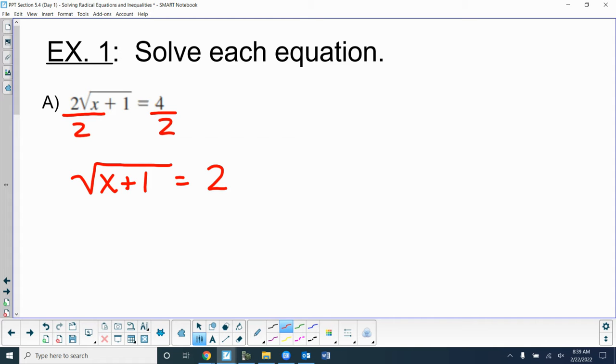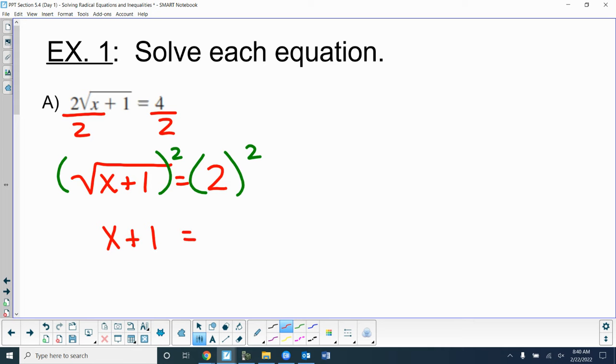To get rid of that radical symbol, since it's square root, I need to square both sides. All right? So what is the square root of x plus 1 squared? x plus 1, right? The square root and the square end up canceling each other.